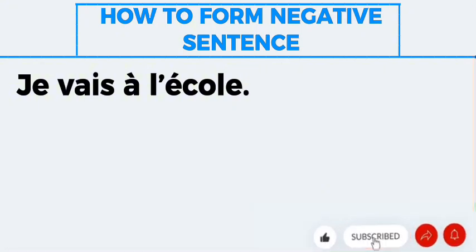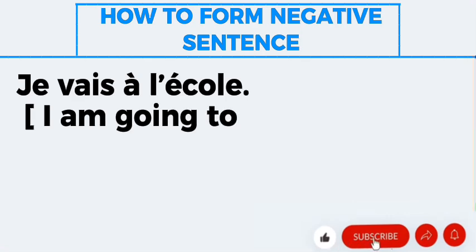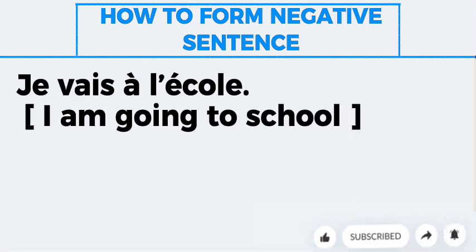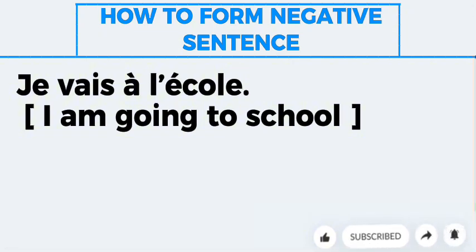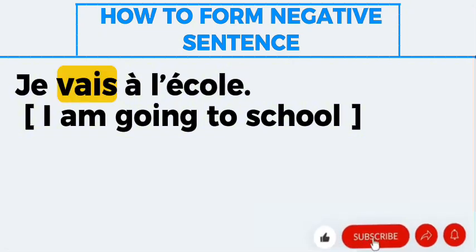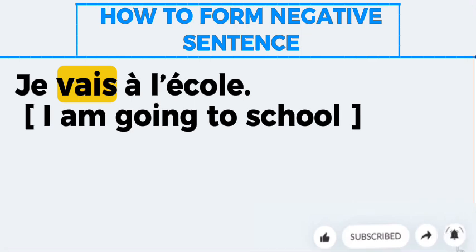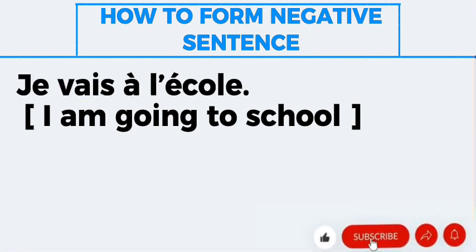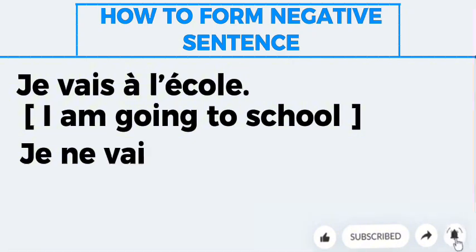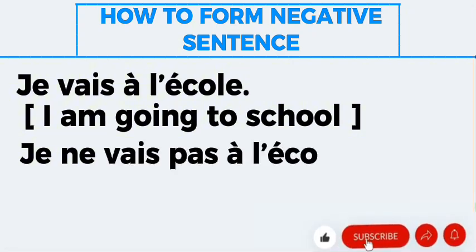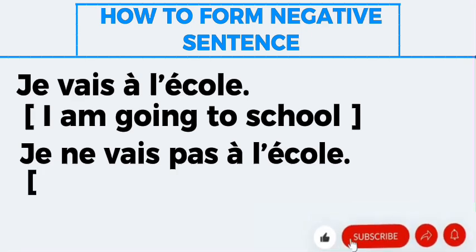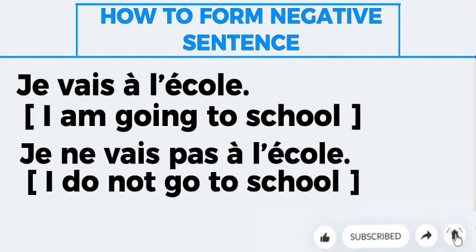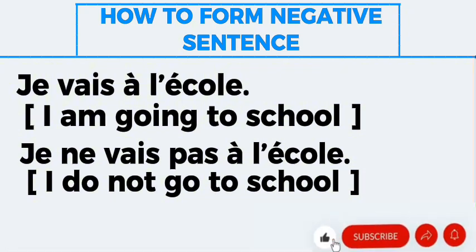And this means I am going to school. In the negative sentence, we will fix the verb, which is vais, in between ne and pas, and then we would say je ne vais pas à l'école. And this means I do not go to school.